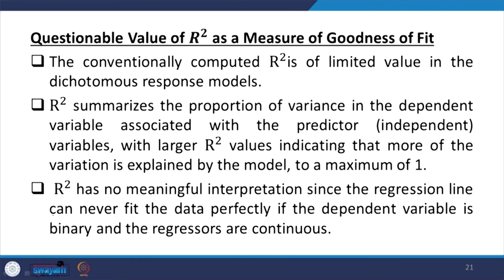R square summarizes the proportion of variance in the dependent variable that is explained with the help of the independent variables. A higher R square indicates a better fit of the model, with a maximum of 1.